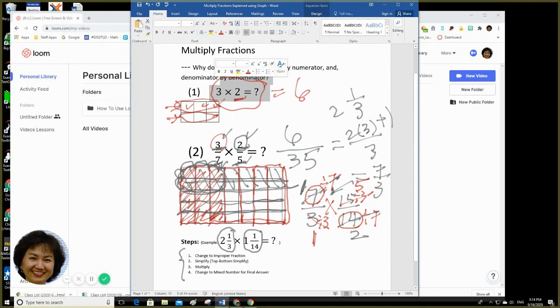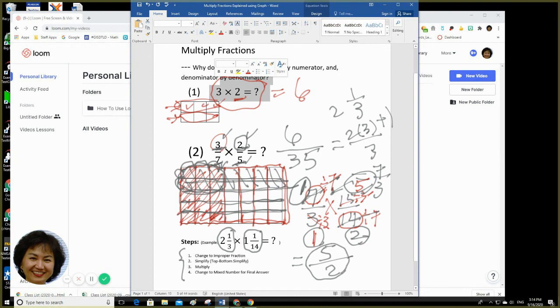You see? Now I only have 1 times 5 at the top and 1 times 2 at the bottom. So my answer is 1 times 5 is 5 over 1 times 2 is 2. 5 over 2. That is my answer for this multiplication example. Of course, some people don't like to see their final answer as improper.